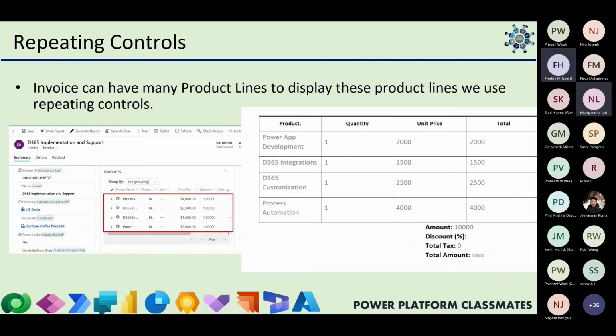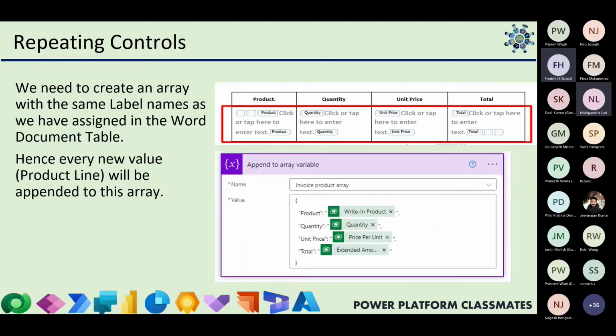I'll show how we can do that. On this slide, as you can see, there is an invoice which has four product lines, and these product lines are dynamically added into our Word document template using the repeating control.